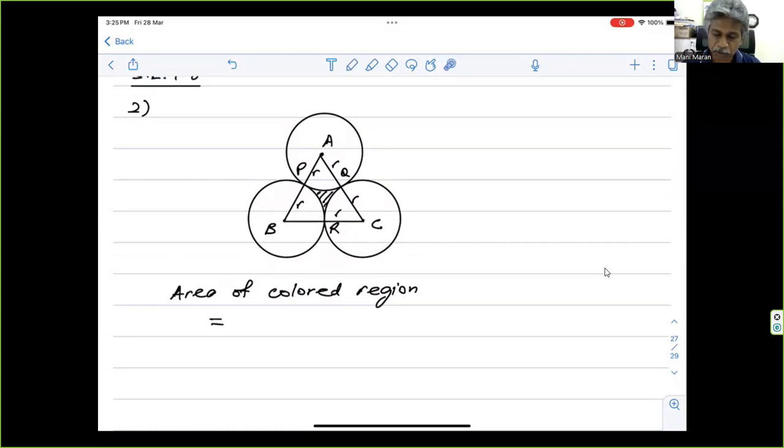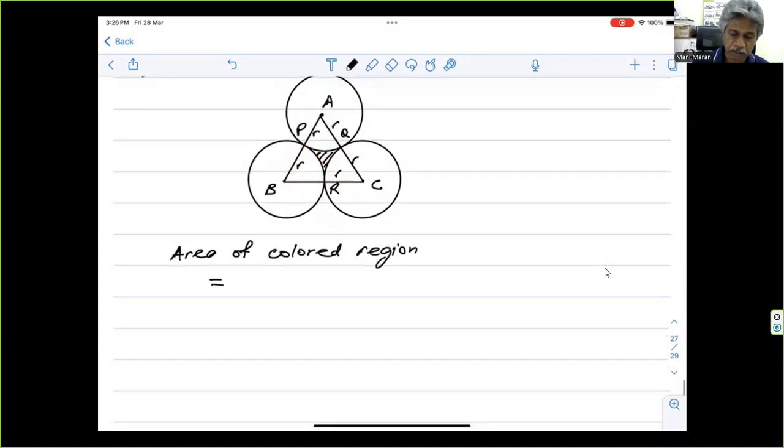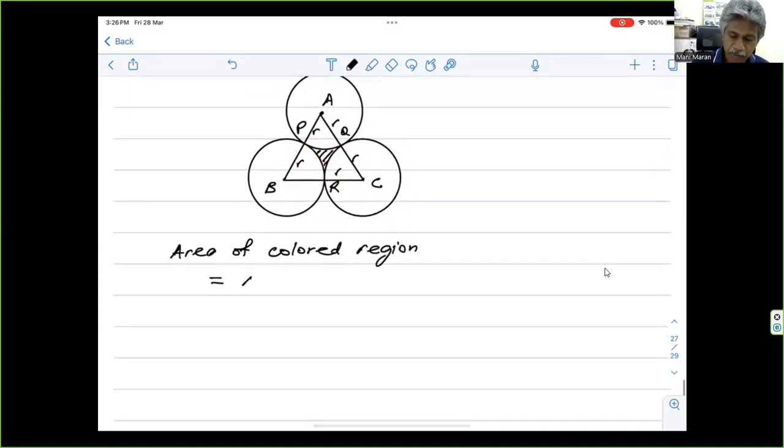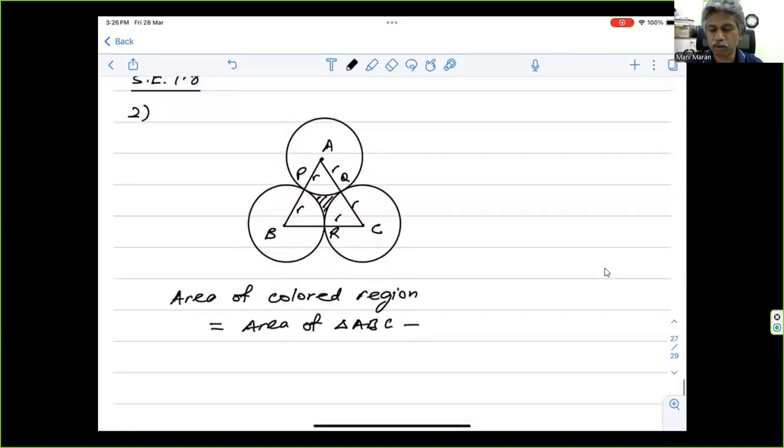You'll notice that the area of the shaded region is given by the area of this triangle minus the area of each of these sectors. There are three sectors. So we write: area of colored region equals area of triangle ABC minus the area of the sectors.